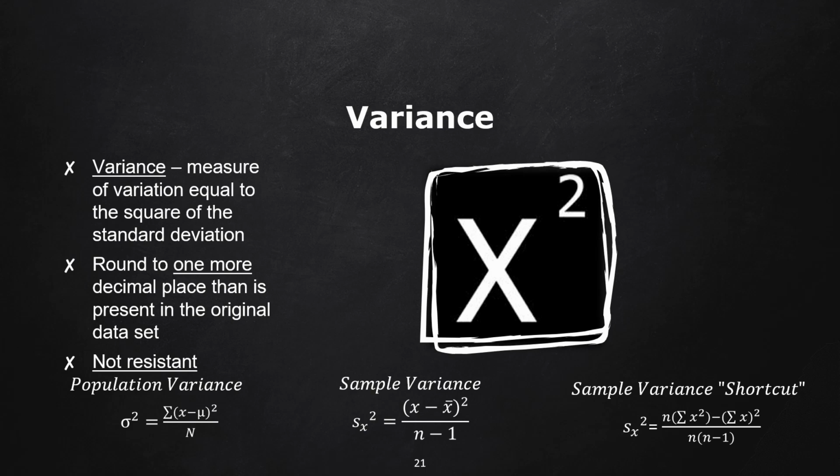So yeah, same rounding rule, just one more decimal place than the original data, and it's also not resistant. And that's pretty much all there is for this guy. I do have a practice problem for the variance, but one more time, saving that for the end.